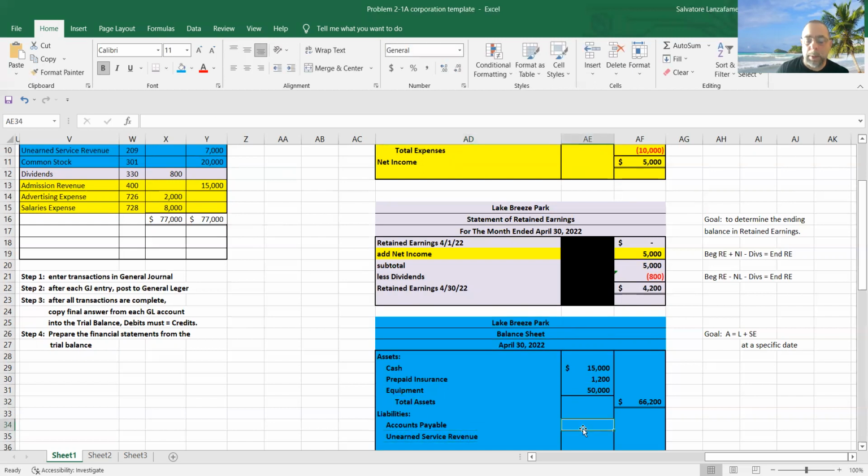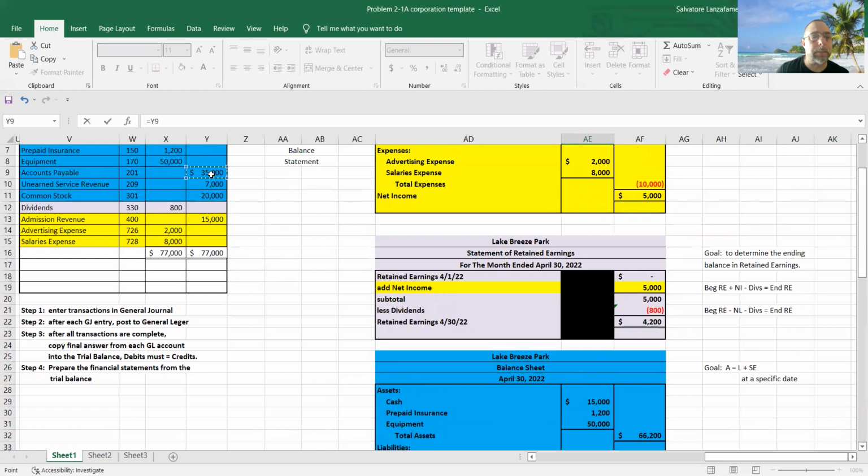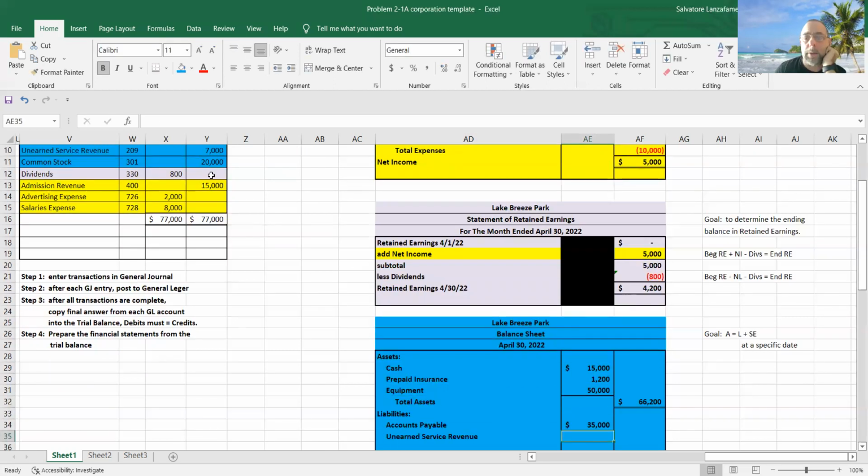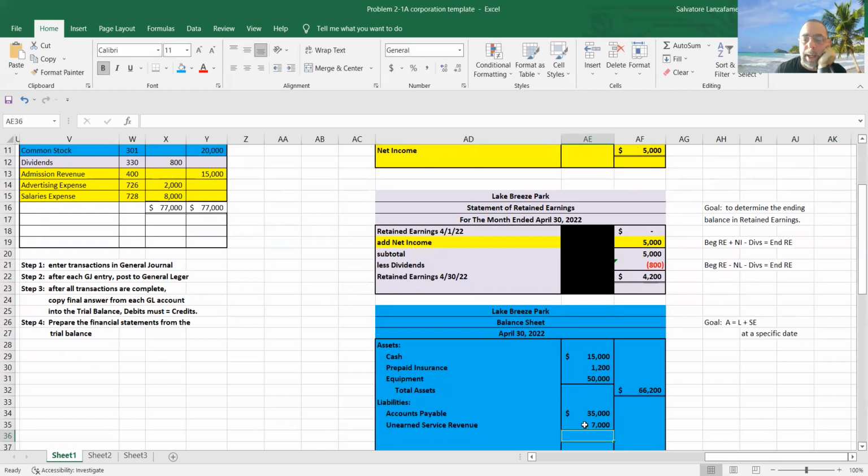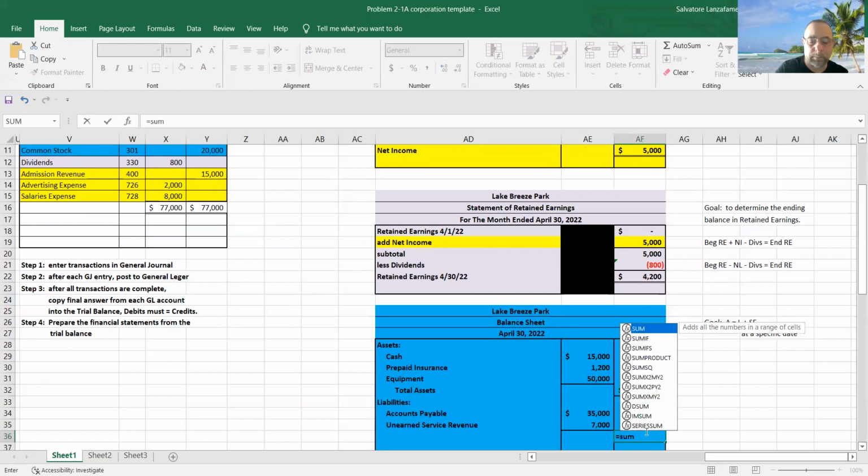Accounts payable, again, I have more than one, so I have to use column 1. 35,000, unearned revenue, 7,000. I now want to add these 2 together, and when I do that, I get 42,000.